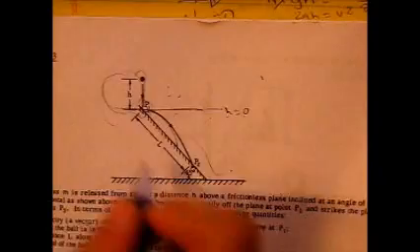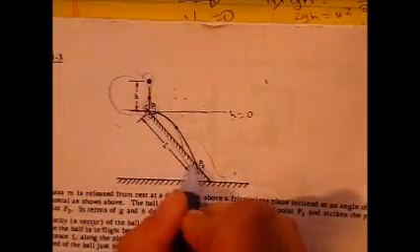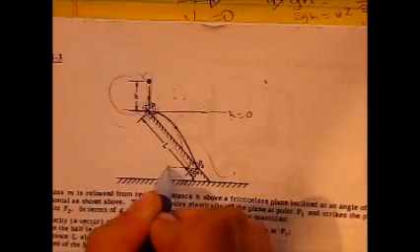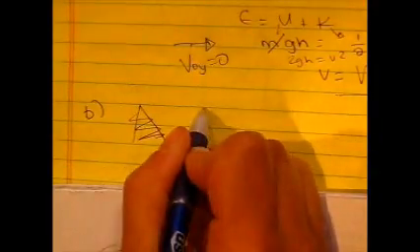Okay, so part B asks for the time the ball is in flight between points P1 and P2. Well, we can use some kinematics in this and a little geometry. So looking at this shape right here, this length L, the path that it takes between P1 and P2, we can divide this into x and y components.